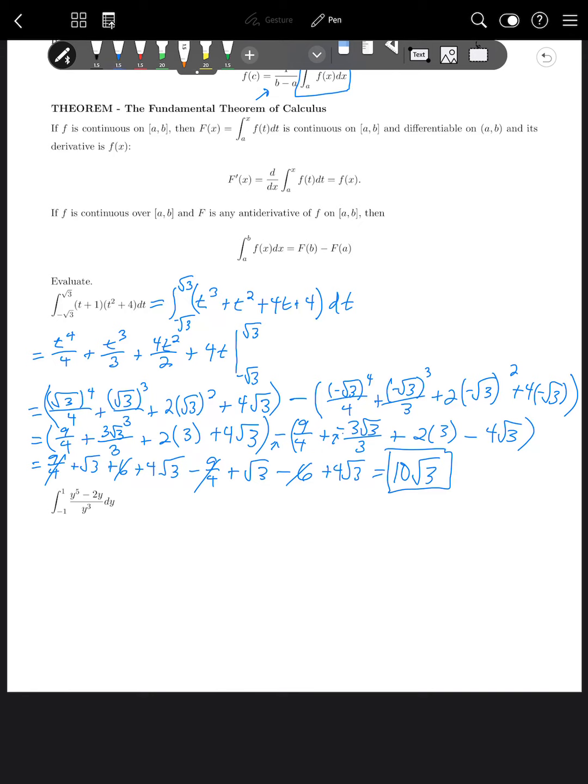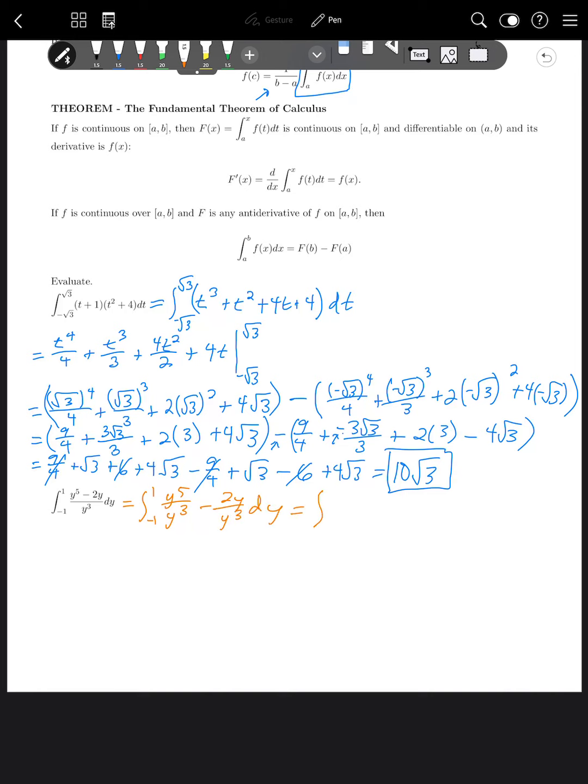So let's try another one. Once again, we don't have a rule for dealing with division, so I can simplify this. So this will be the definite integral from -1 to 1 of y to the fifth over y to the third minus 2y over y to the third dy.